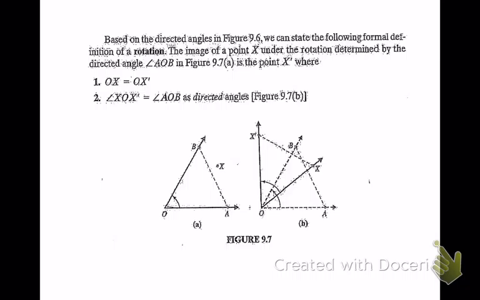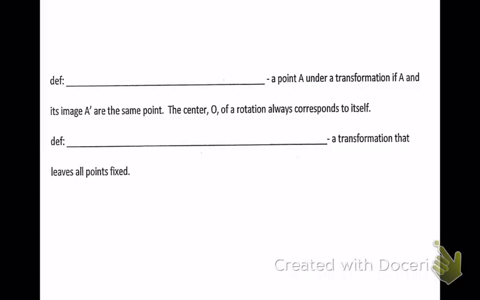Let's do an example a little bit more clear. A fixed point is a point A under a transformation if A and its image A prime are the same point.